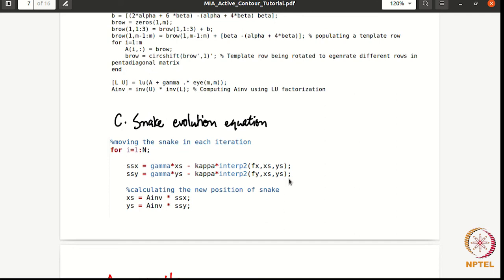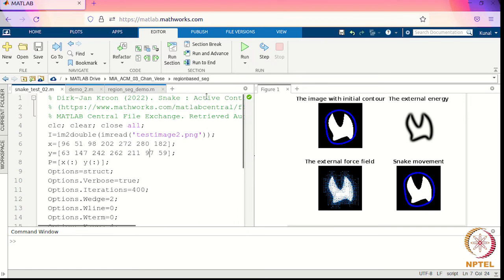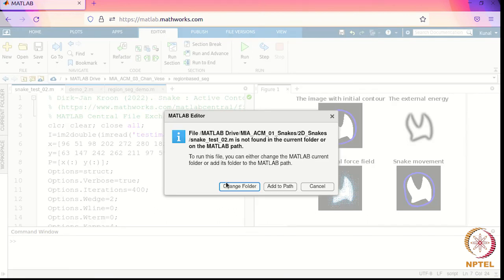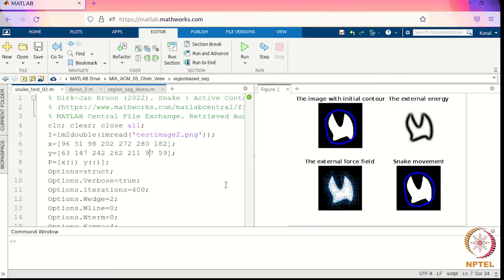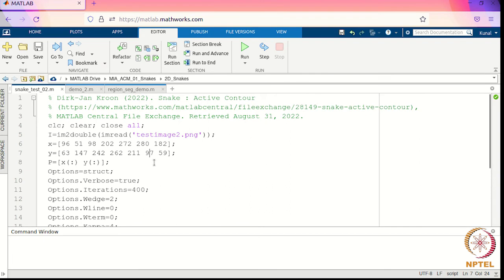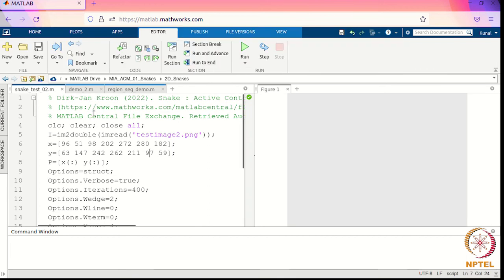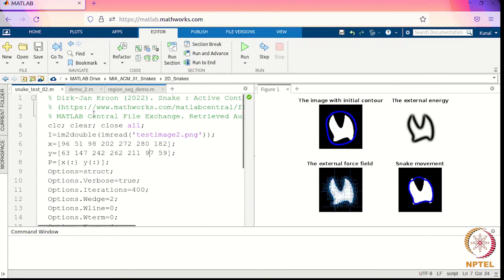Now we will show you an example of snakes in action. So for example, I run this code. This code is not written by me. It is written by Mr. Kroon and is available in MATLAB Central.